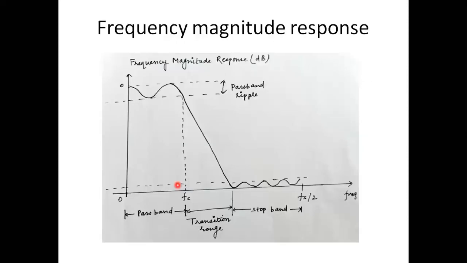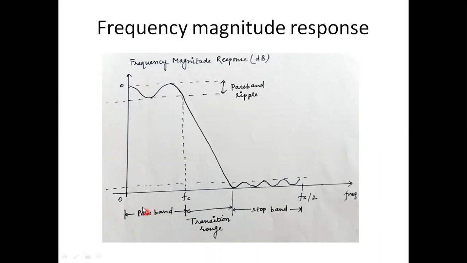Let's see how that frequency magnitude response looks. So this is your frequency magnitude response in dB. This x-axis is denoting the frequency, and y-axis is denoting the frequency magnitude response, that is in dB.